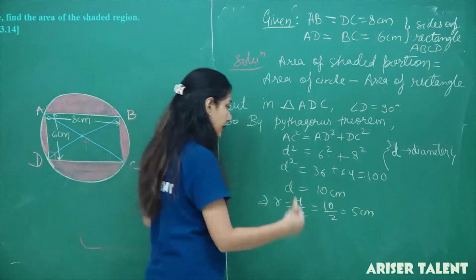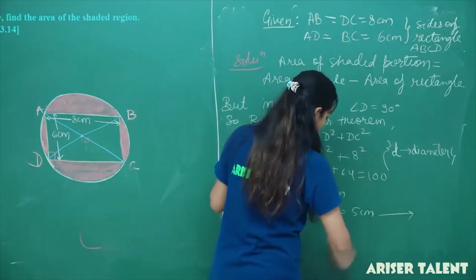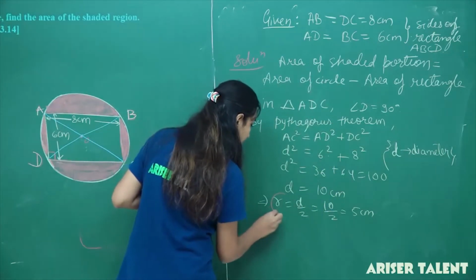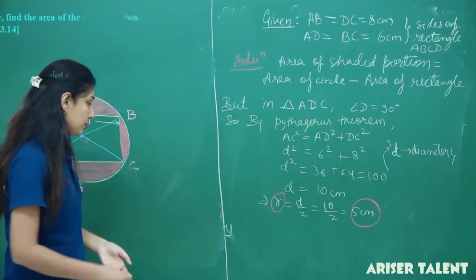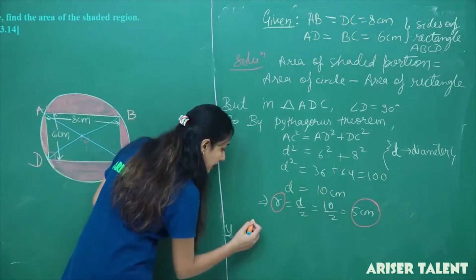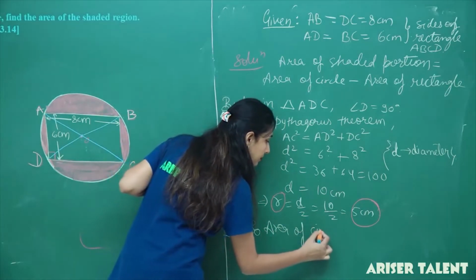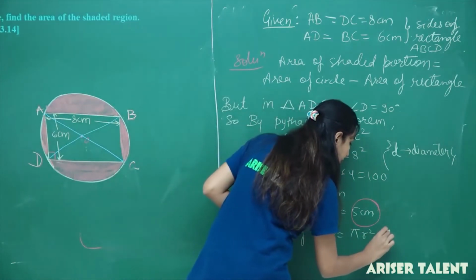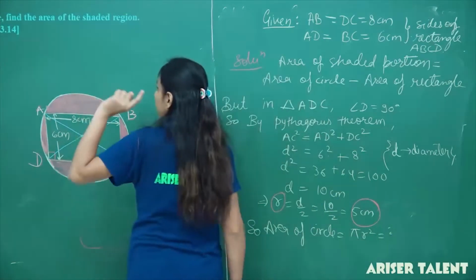So if R equals 5 centimeter, this is your information, so I am coloring this information. R equals 5 centimeter. So area of circle equals pi r square simply. Now you have to take pi equals not 22 by 7.